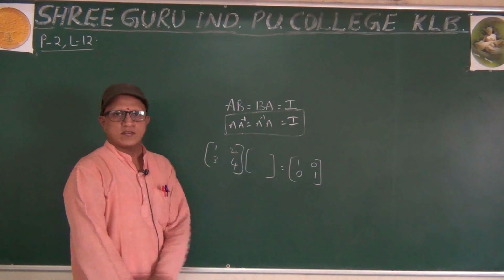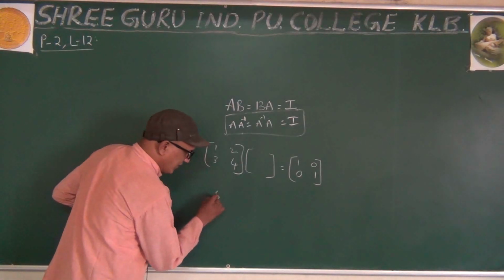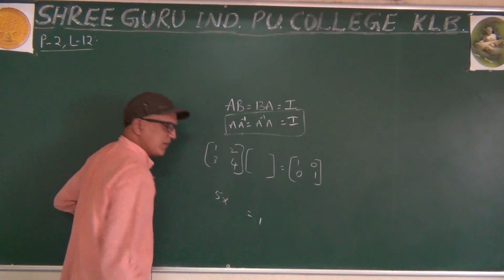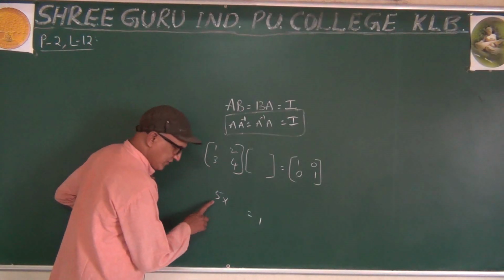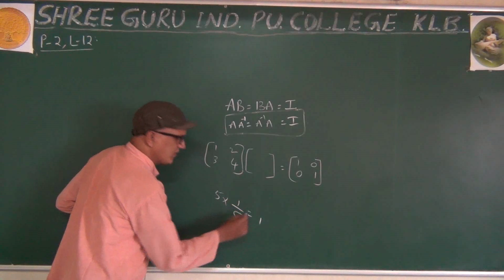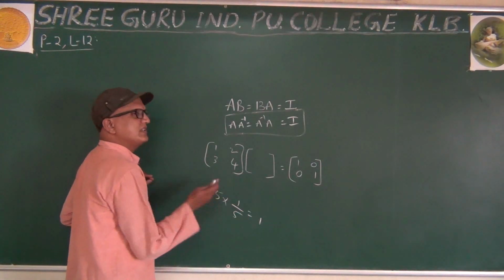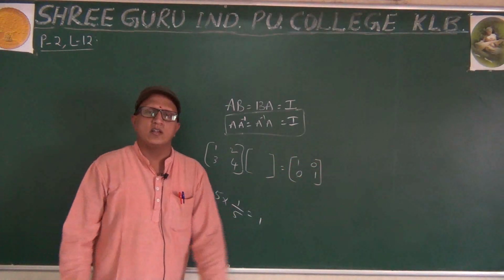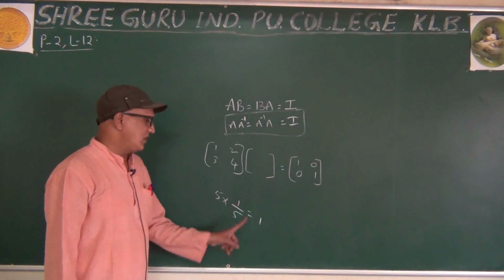With which number we have to multiply 5 to get the answer 1? With 1 by 5. What is the multiplicative inverse of 5? 1 by 5.